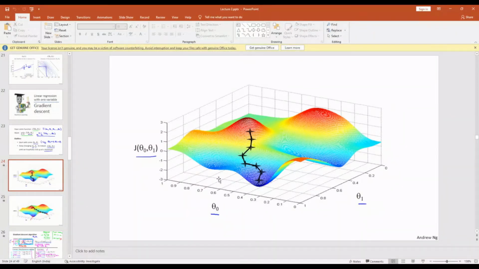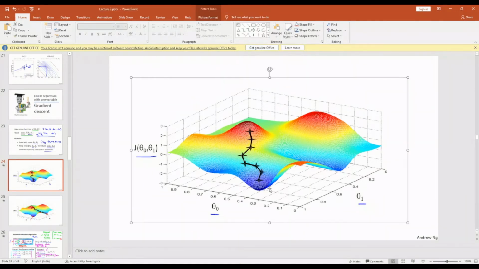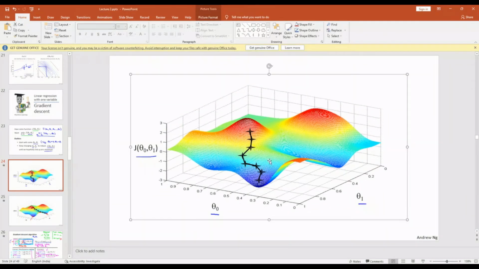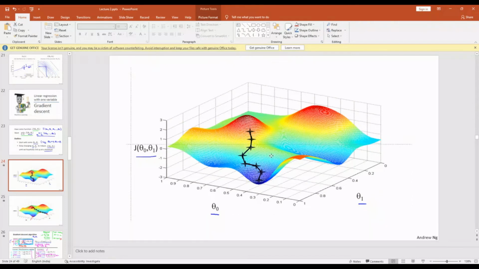So the value of j theta is minimum. So what you want is to reach this minimum value. You randomly initialized theta 0 and theta 1 somewhere on the hill. So you slowly start changing your theta 0 and theta 1 in such a way that you move along this path and reach this minimum value.